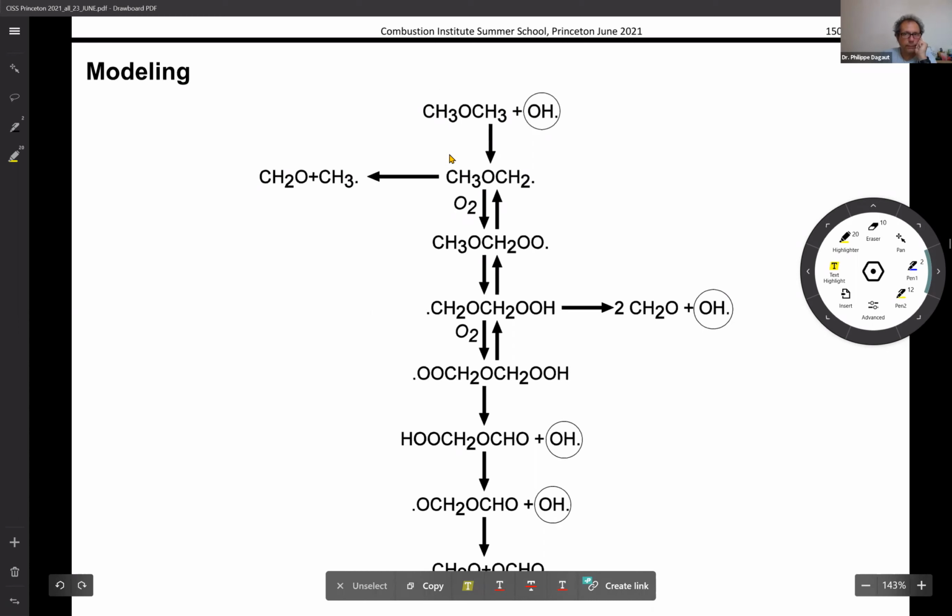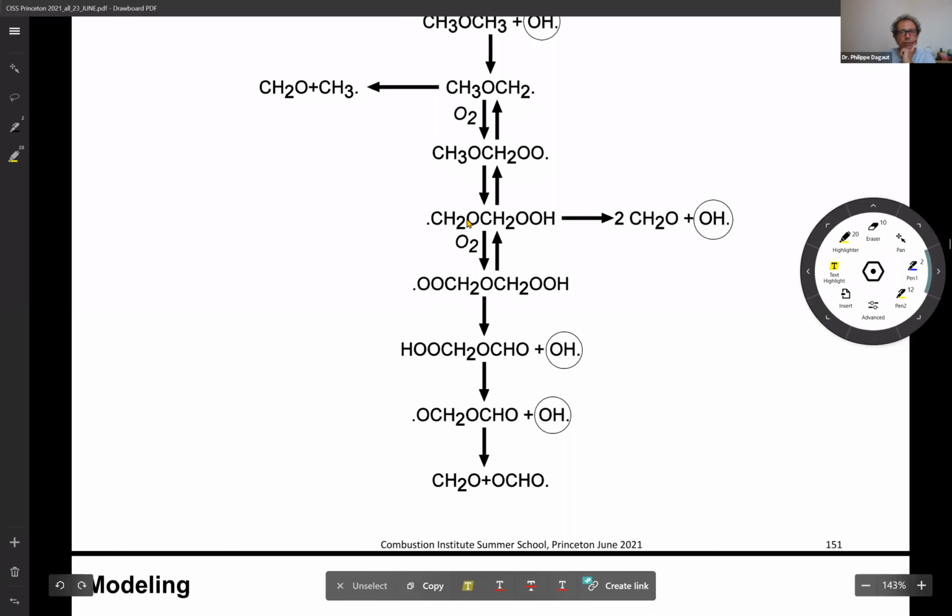You always get the CH3OCH2, which can be peroxidized by addition of O2, and then you get this species. By H atom abstraction on the methyl here, you get CH2OCH2OH. You can add oxygen on this carbon, and you get this radical, O2CH2OCH2OH.